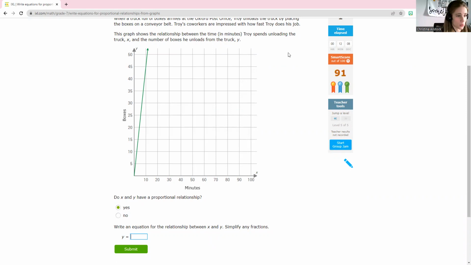All right, this is another one where we're going to have to look really carefully to see where that first exact point is on our line, because we don't want any of the points that fall between grid lines, because we'd have to estimate, and my guess may be different from yours.